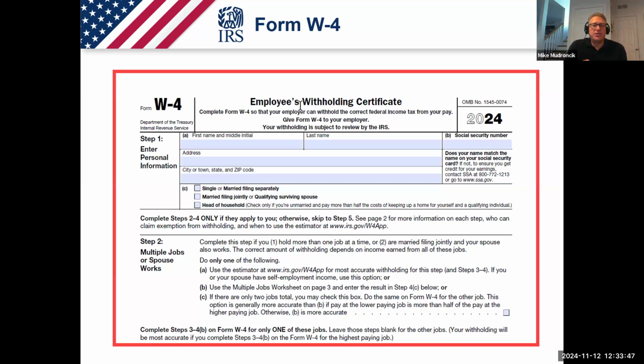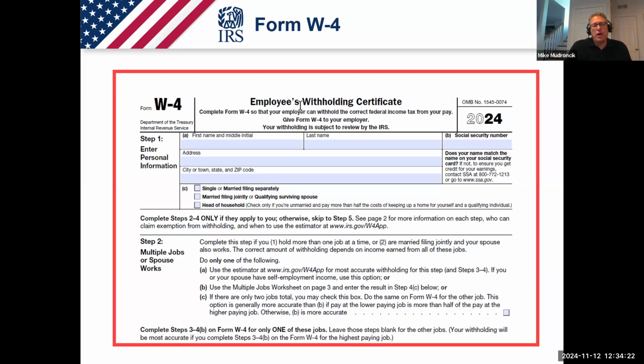In step 1C, they're identifying whether they're filing their income tax return with the IRS as a single person or married filing separately, married filing jointly, head of household. In step two, this is where the employee will be providing information to determine the withholding amount that should be withheld, again, of federal income taxes.